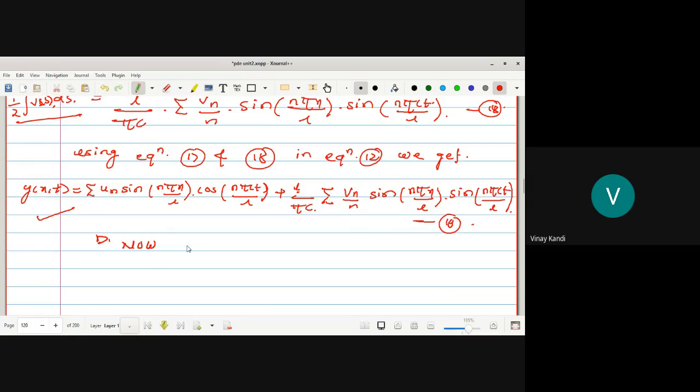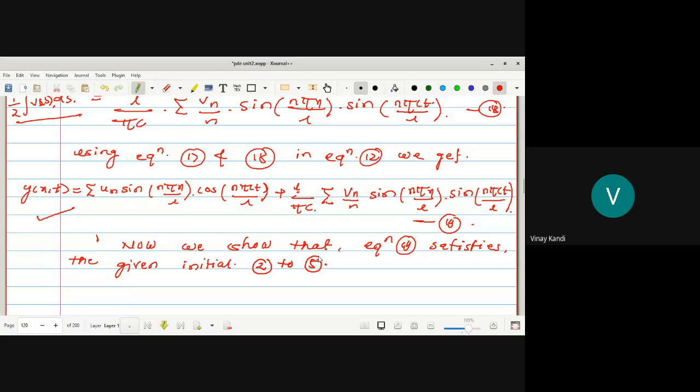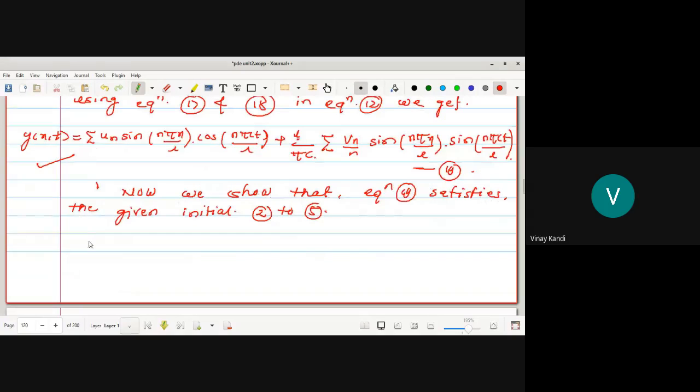Now we show that equation 19 satisfies the given initial condition. The given initial condition 2 to 5. Okay, therefore first differentiate equation number 19 with respect to t.